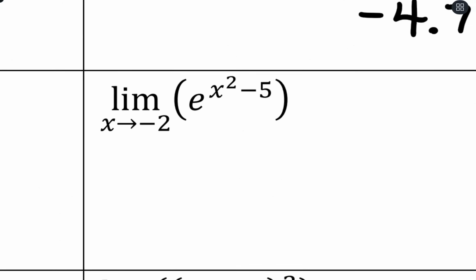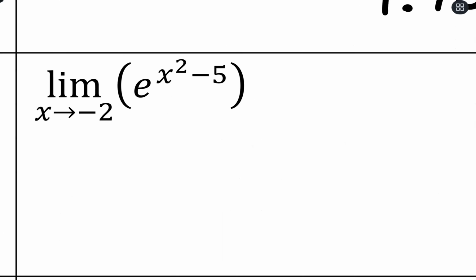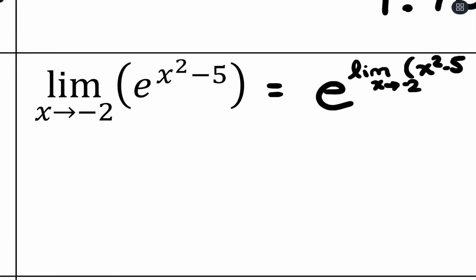So this right here is a composite function because we have this inner function of x squared minus 5 and this outer function of e to the, and then its exponent. So what we could do is keep this as base of e raised to an exponent, but let's just take a look at what happens when we evaluate that limit as x approaches -2 of just x squared minus 5.